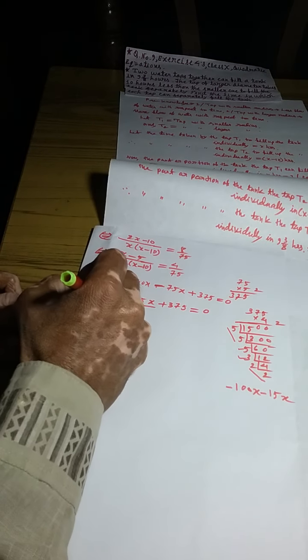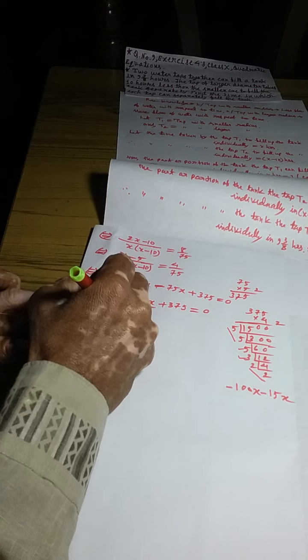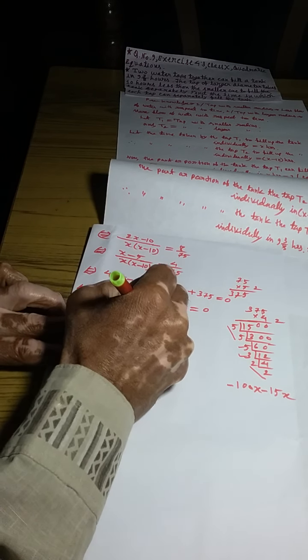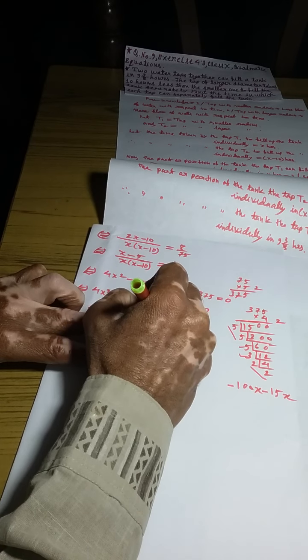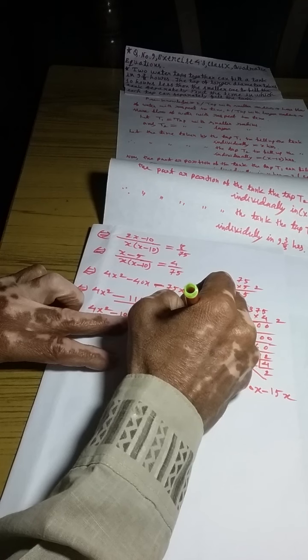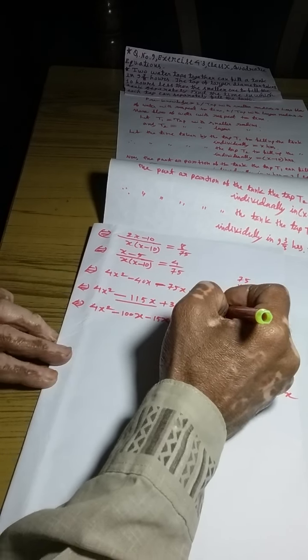So this will again imply 4x square minus 100x minus 15x plus 375 is equal to 0.